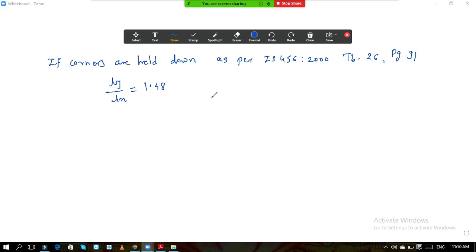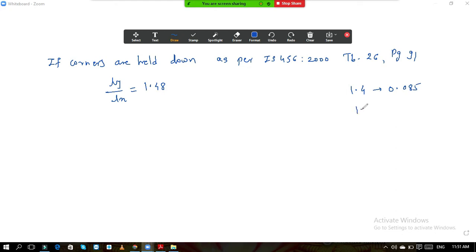Okay, so now we need to calculate the value of alpha x. So I will write the value over here. This is the rough calculation. For 1.4, the value of alpha x is 0.085, something.